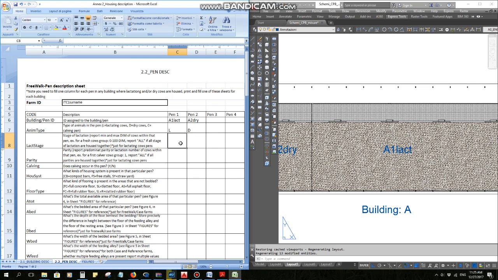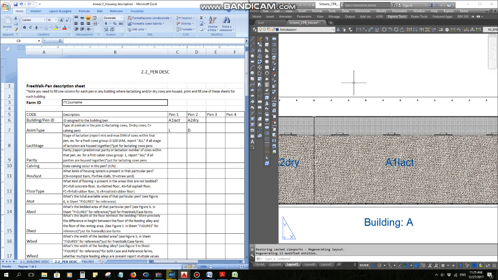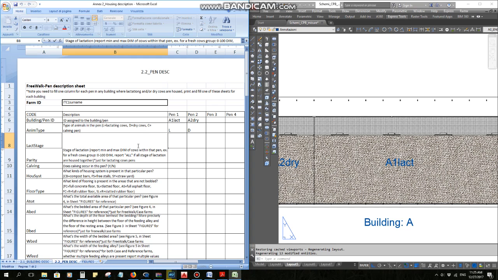Anyway, the animal type is going to be lactating cows, so L for pen 1, and dry cows for pen 2. Lactation stage: are the cows divided within the pen based on their lactation stage or the days in milk? In this case, no, because, obviously, when they are dry they will have higher days in milk compared with lactating cows, but that's just for the lactating cows pen, right?